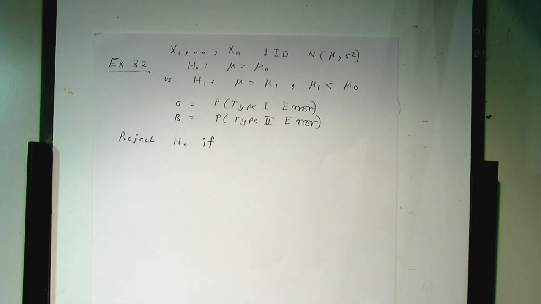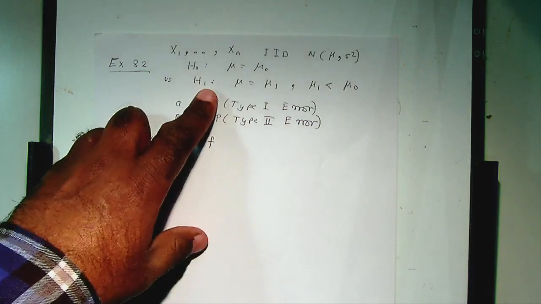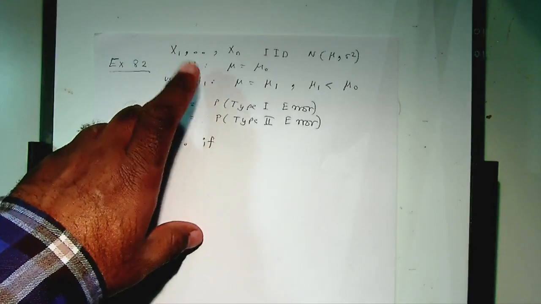There are three possible tests you can have: mu equal to mu 0 versus mu not equal to mu 0, mu equal to mu 0 versus mu greater than mu 0, mu equal to mu 0 versus mu less than mu 0. Right, which of the three will this belong to? Less than, of course.